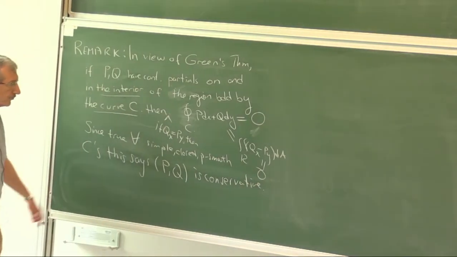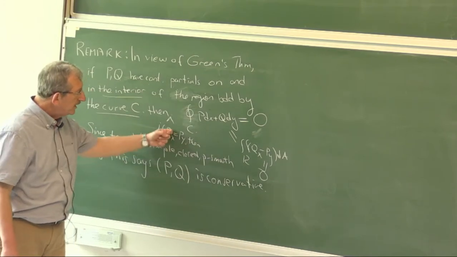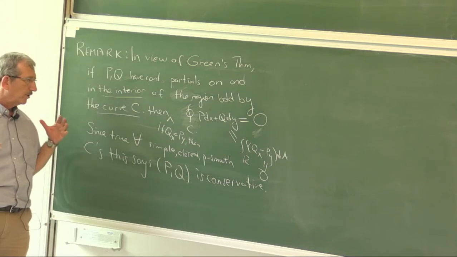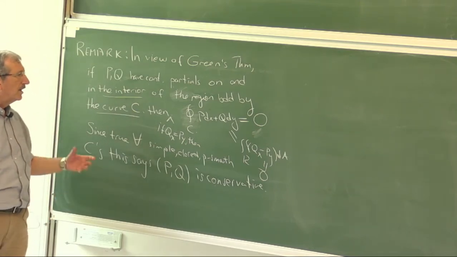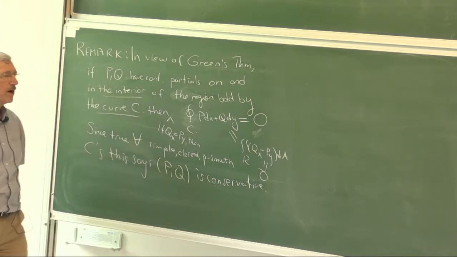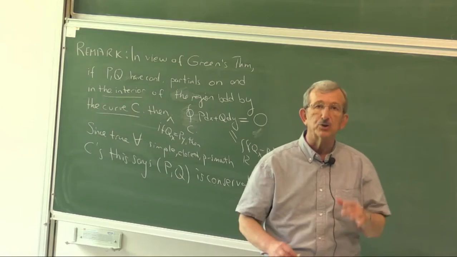So the condition Q sub x equal to P sub y implies conservativeness of P, Q, for which we had a counterexample where this condition was not satisfied if the partials are not continuous inside the curve C as well.